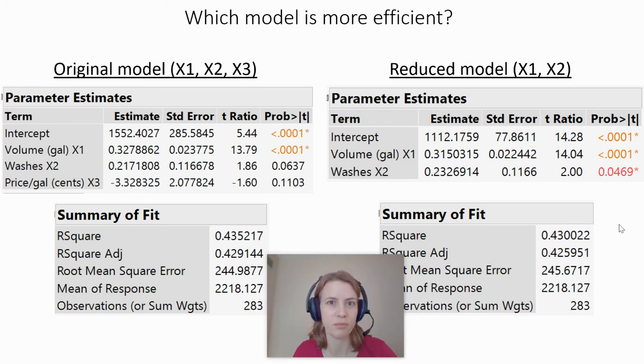So it's a pretty efficient and lean model. The one on the left, a little bit more complex, has one predictor in it that wasn't especially close to being a significant predictor, but if we include it, we can eke out just a little bit better predictive power.